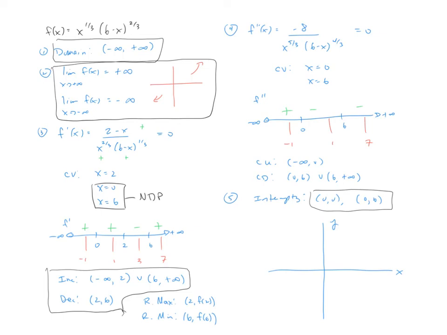Okay? So if this is, let's see, my 6, and if I continue to increase through 0, but 0 is a non-differentiable point, that's actually going to be where I have this vertical tangent line, right? So I'd come through like this, and then my slope would, for the instant, become vertical.